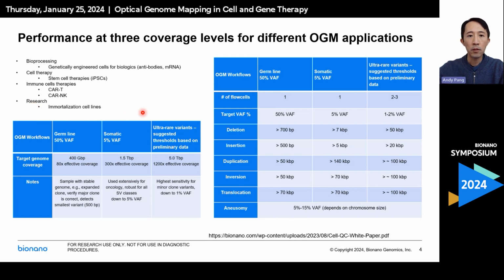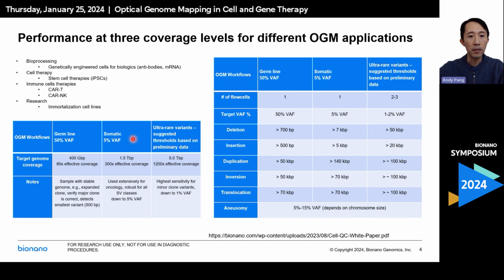So the table here, I'm showing you the workflows according to what you're looking for. Suppose you're looking for verifying the major clone that it is correct, you can use our germline workflow, which is aimed to detect SVs whose variant allele fractions are 50 to 100%. One would need to collect 400 gigabase pair of data or 80x effective coverage. If you're looking for SVs down to a variant allele fraction of about 5%, you will be using our somatic workflow.